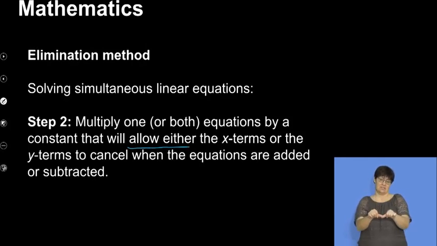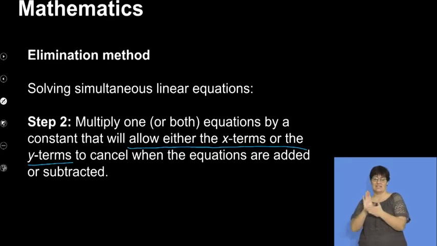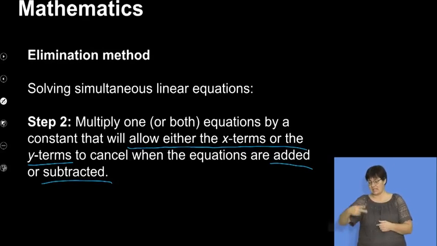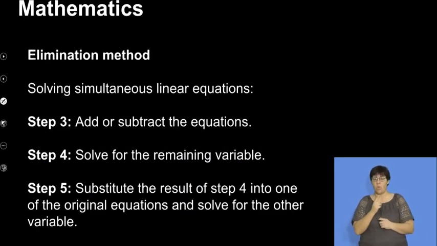The second step is you need to multiply one or both of the equations by a constant that will allow you to then either subtract or cancel either the x or the y value, so that you are left with only one variable. But how do you cancel that? You use addition or subtraction. So it's always maybe the first equation minus the second one, or the second one minus the first one, or adding both of them so that one variable cancels, right? And then the third step is you add or subtract the equations.